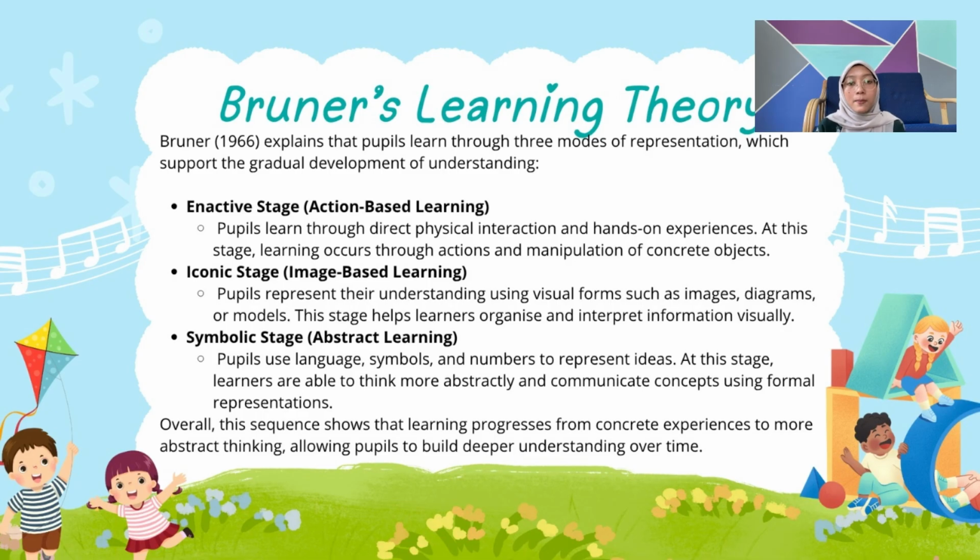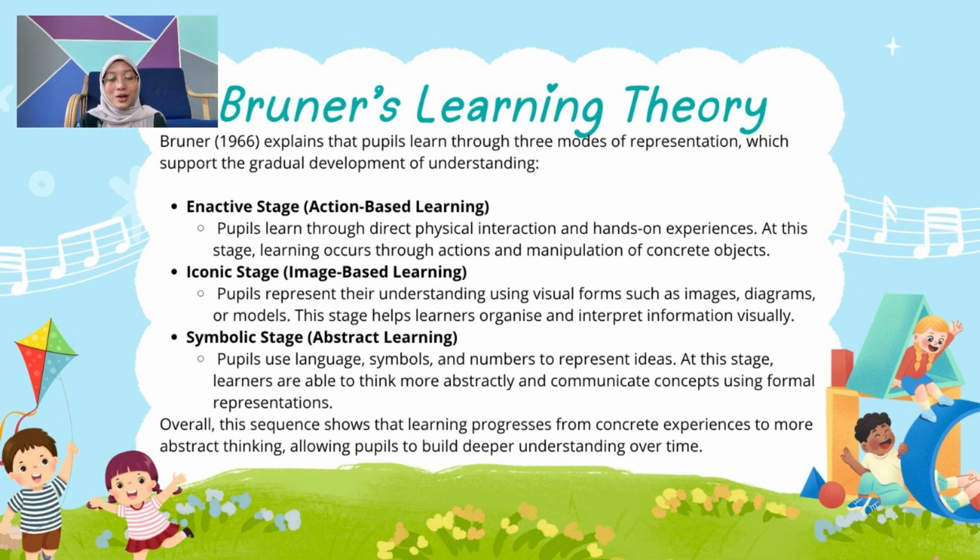They use terms like longer, shorter, and units like centimeter. At this stage, pupils are able to think more abstractly, but only because they have gone through the earlier stages. So, overall, Bruner showed that learning moves from doing to seeing and lastly understanding. And this progression helps pupils develop deeper understanding, not just memorization.